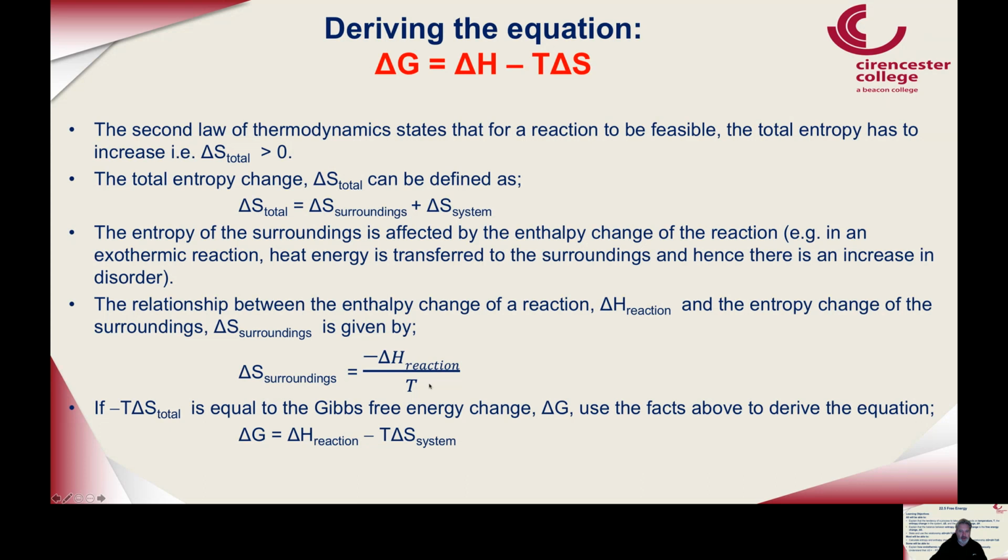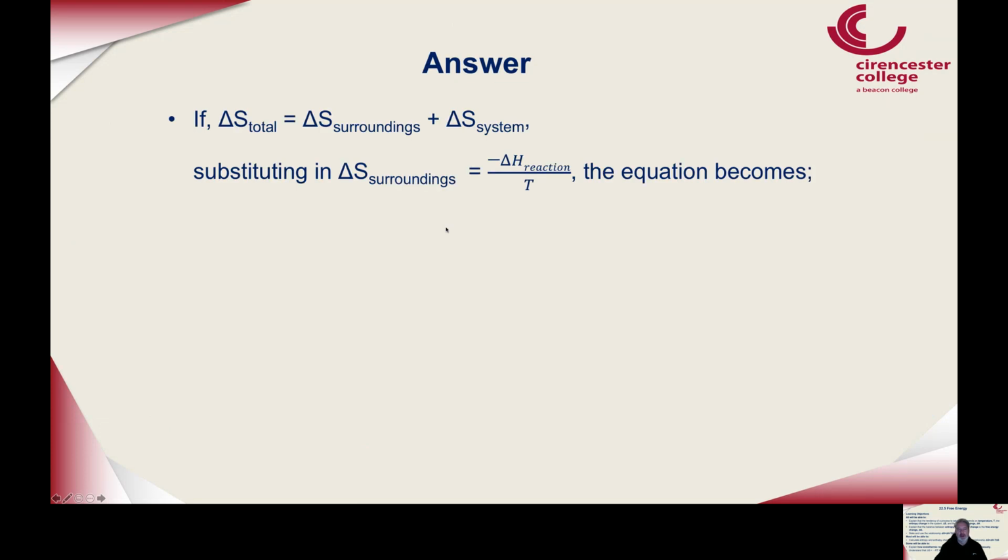So delta S total has got to be this plus this. Substituting in delta S surroundings for this, we then get that.